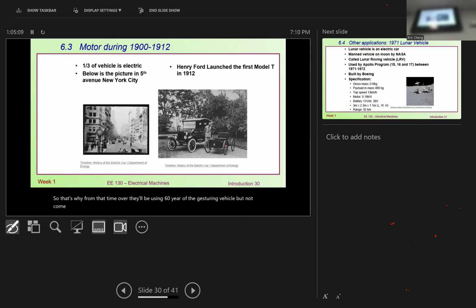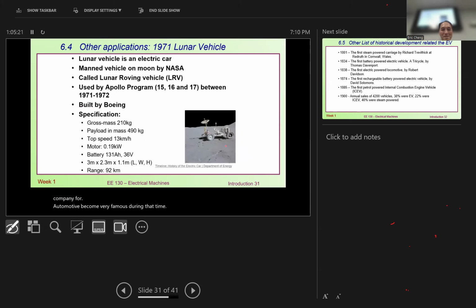From that time onward, we had 60 years of gasoline vehicles, but now we come back to electric. Here is one of the first vehicle developments by Henry Ford, who developed his own automotive company and became really famous. But many other vehicles, even the lunar vehicle, are electric. Here is the first lunar vehicle on the moon.